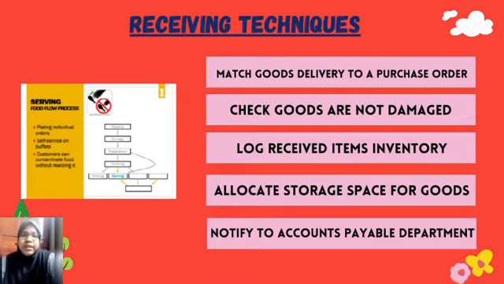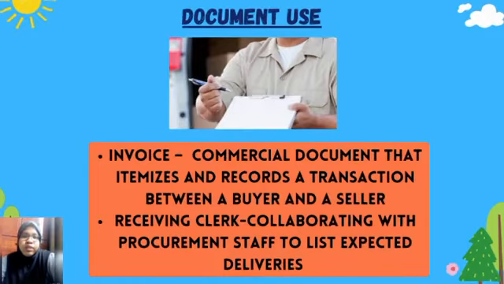Next, I will present about documents used in receiving. There are two documents used in receiving. First, the invoice. An invoice is a commercial document that itemizes and records a transaction between a buyer and a seller.